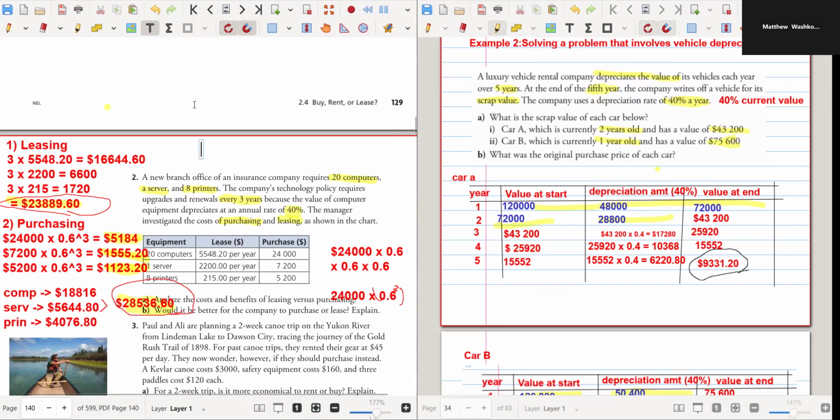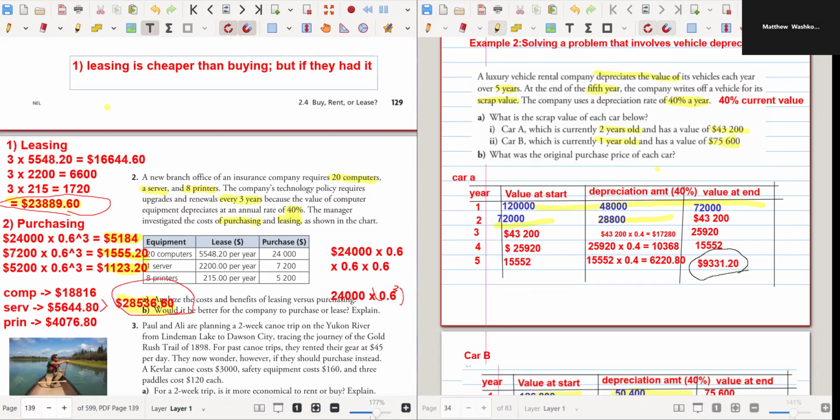So in this case, you're looking to write something that talks about that: leasing is cheaper than buying, but if they had it for 4 years, buying would likely be more cost effective. You're doing some justification, okay?